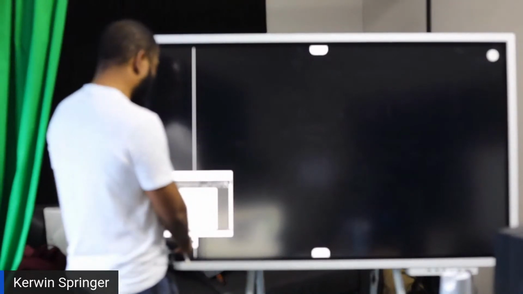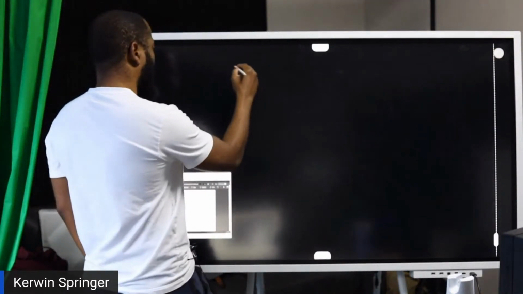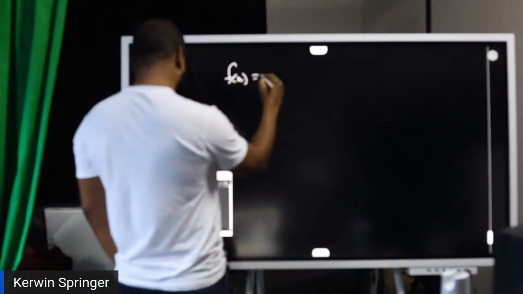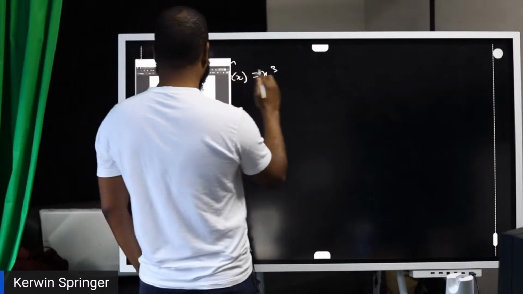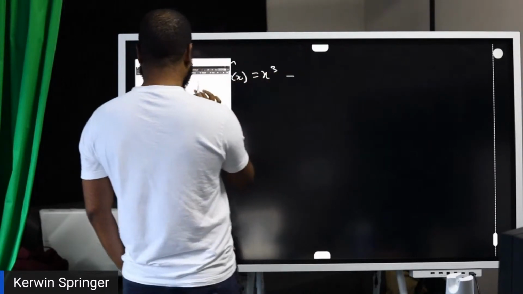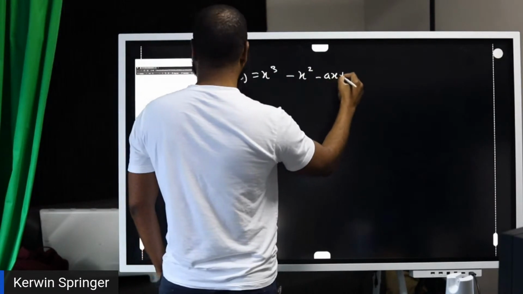So in 2017, the next question was: given that, they give you a function, f of x is equal to x cubed minus x squared minus ax plus b.